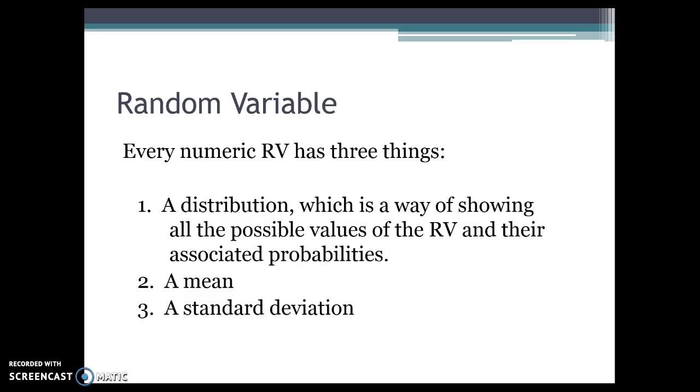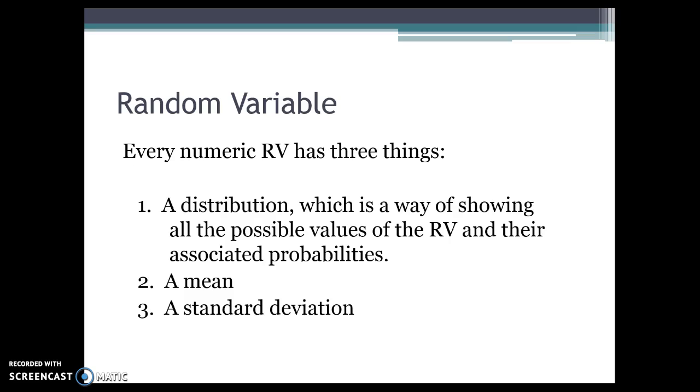So random variables, and we focus on the numeric ones, have 3 things. The first one is a distribution, which, just like we've seen before with distributions, is a way of showing all the possible values and how often they occur. So they're probabilities of those occurring. And then we also look for the mean and the standard deviation.